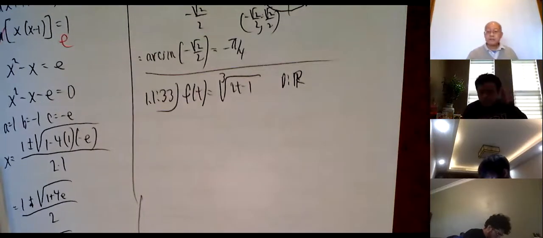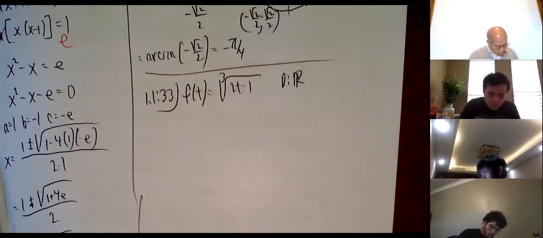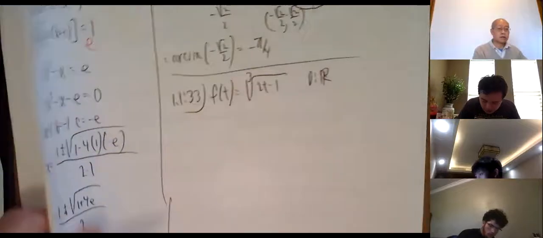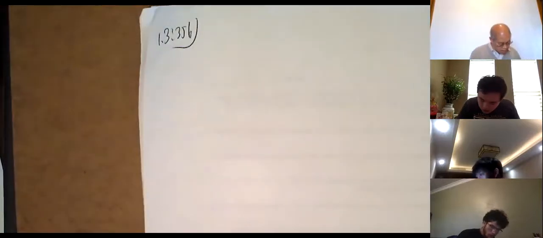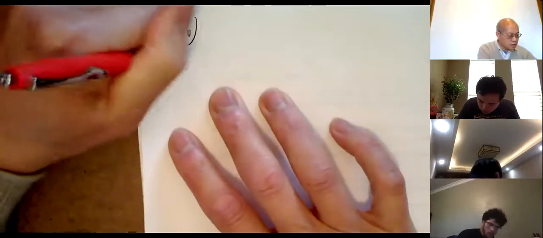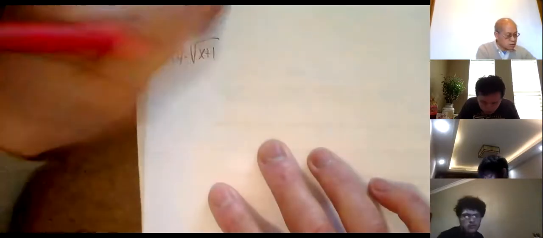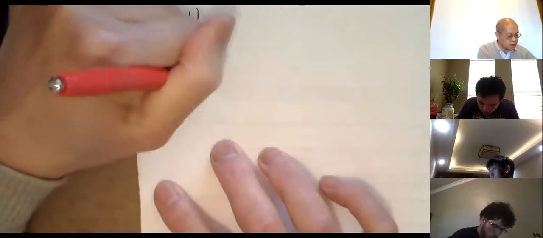Okay, 1.335b. Okay, I need some more paper here. So it says f of x is square root of x plus 1. G of x is 4x minus 3.